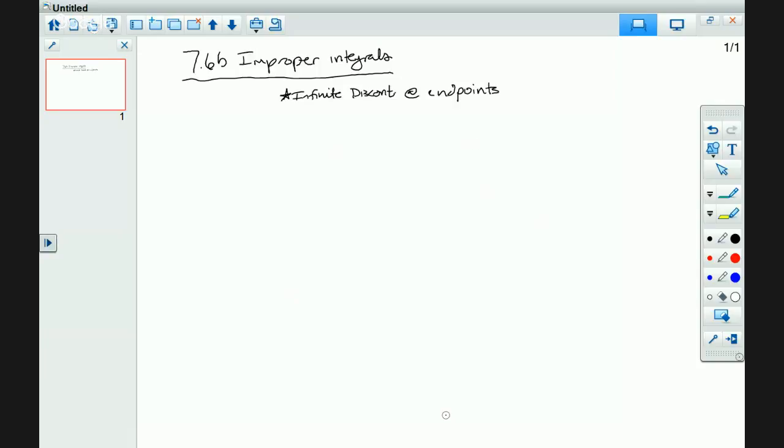Basically, all this throws at us is limits from the left and the right.